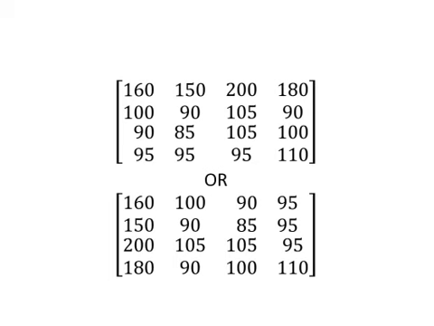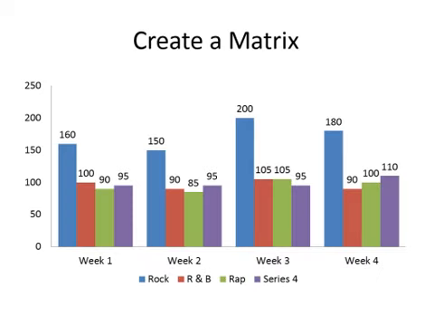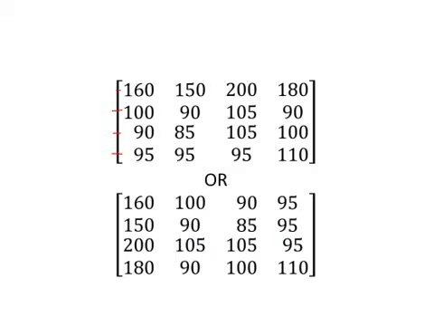Now we want to see, is it the weeks going down, week 1, week 2, week 3, week 4, or is that the genre? If we go back here, 160, 150, 200, 180 is the blue, which is rock. So that means it was rock going down. And then it was R&B, and then rap, and then series 4. Which means that your weeks are going across the top.